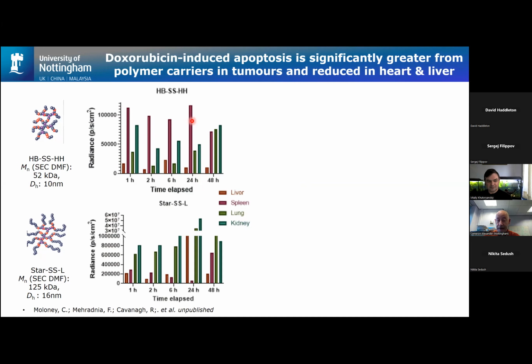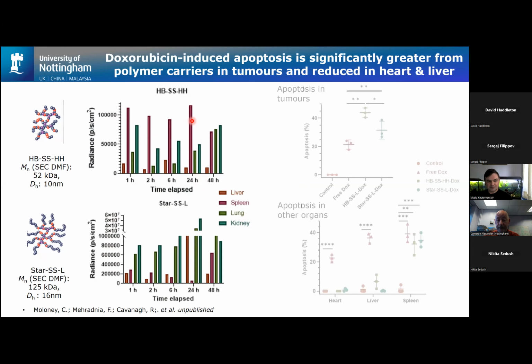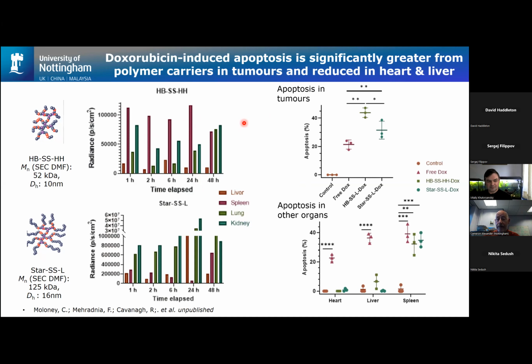But what was also intriguing was when you start looking at apoptosis in tumors as opposed to the other organs, and again, we really don't know why this is the case. So cell death, so apoptotic markers in tumors were much, much higher for the polymers than they were for the free drug. But also they were much lower in the heart and the liver.